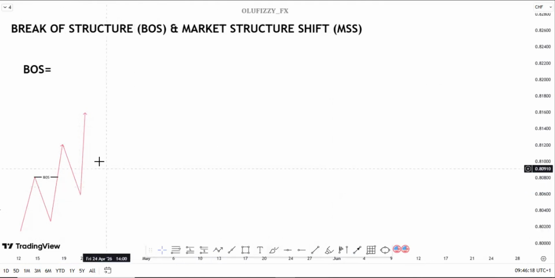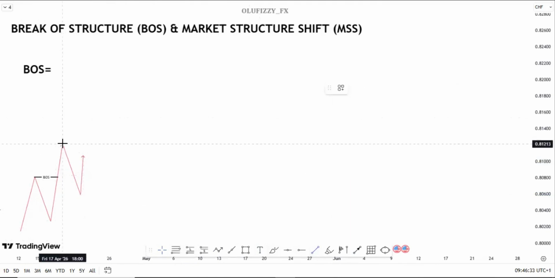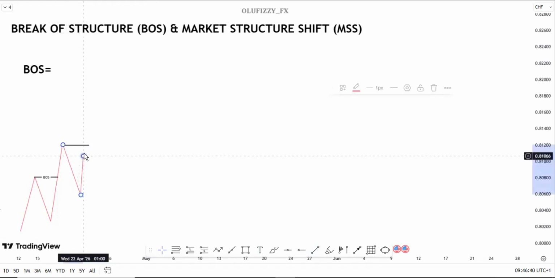It continues, price creates this new high and gives us a pullback. When price is coming again, you cannot say that maybe when price gets to this place, you now mark this place as BOS. No, it isn't done that way. You will wait for price to break this high before you can consider that the structure has now been broken.